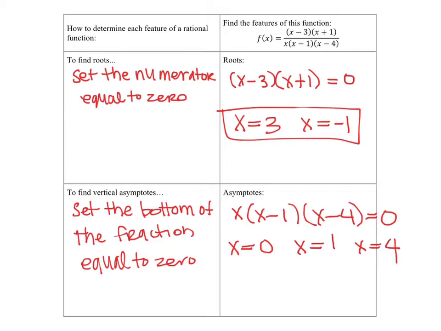One thing I do want to point out is a root is a point on the x-axis. But an asymptote is a vertical line.